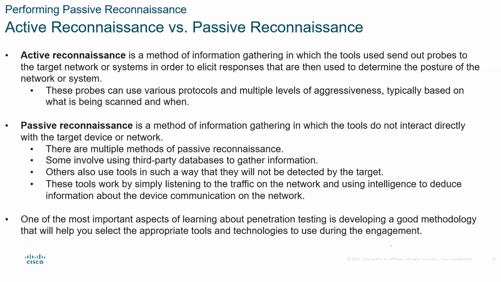In this active reconnaissance, the method is information gathering in which the tools used send out probes to the target. The target could be a network, system, or application, whichever. But why? You are attempting to get the target to commit by responding, in order to elicit responses that are then used to determine the posture of the network or the system.